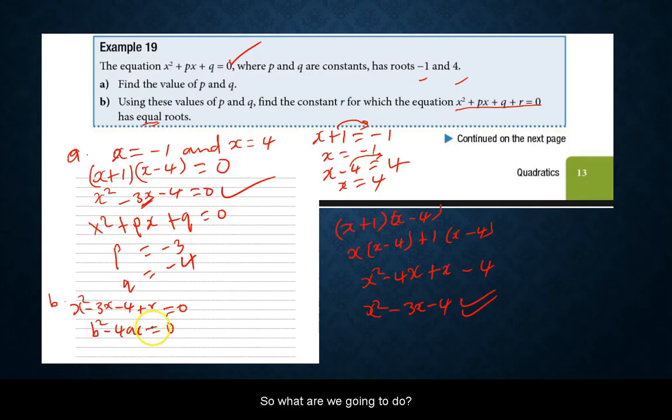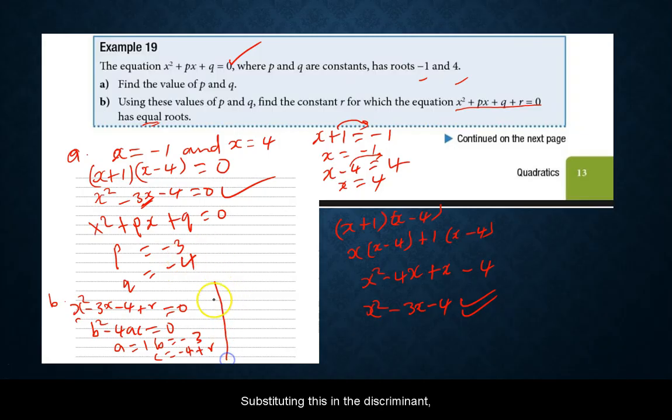So what are we going to do? Using the discriminant, our a in this case is 1, our b is negative 3, and our c is negative 4 plus r.